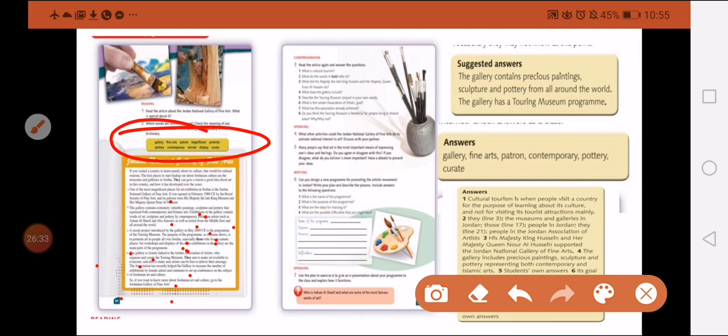So, if you want to know more about Jordanian art and culture, go to the Jordanian Gallery of Fine Arts.